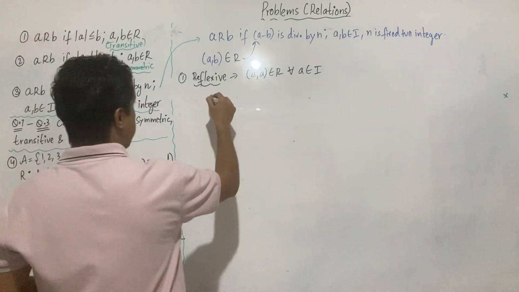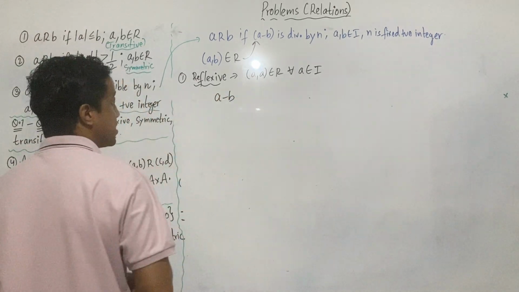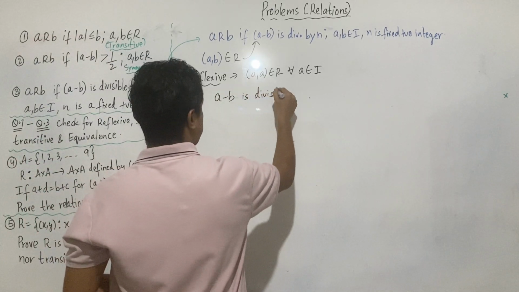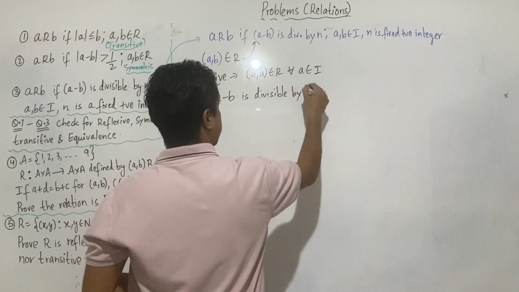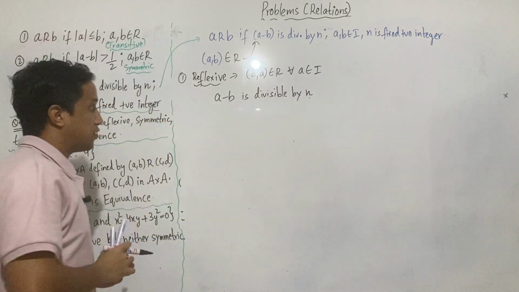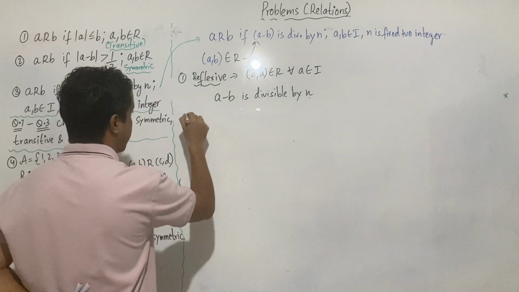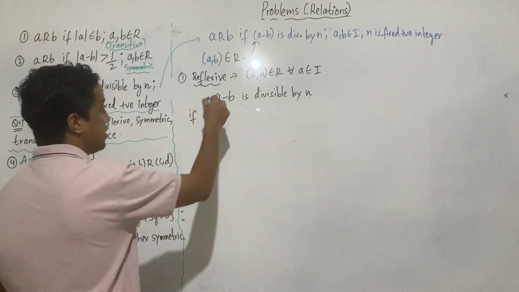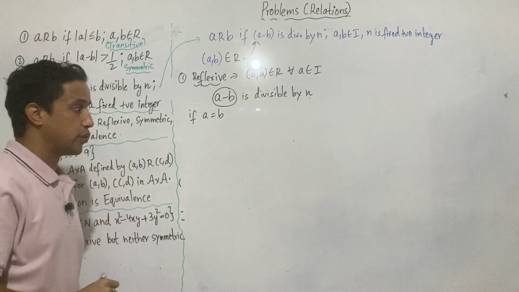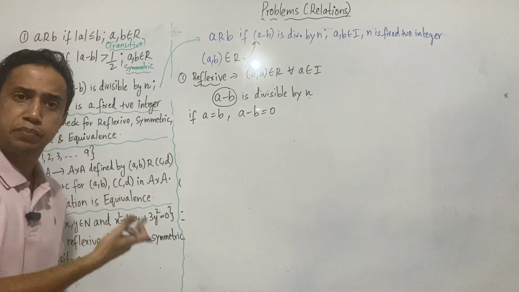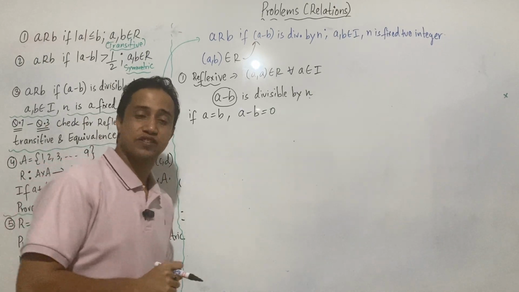It says that A minus B is divisible by n. Now, if A is equal to B, then A minus B is going to be 0, which is completely divisible by n. You understand what I'm trying to say?